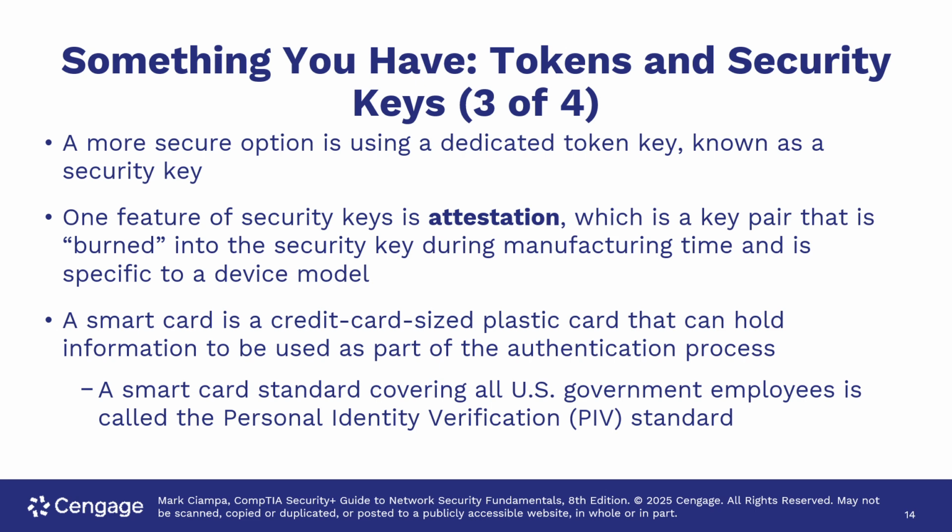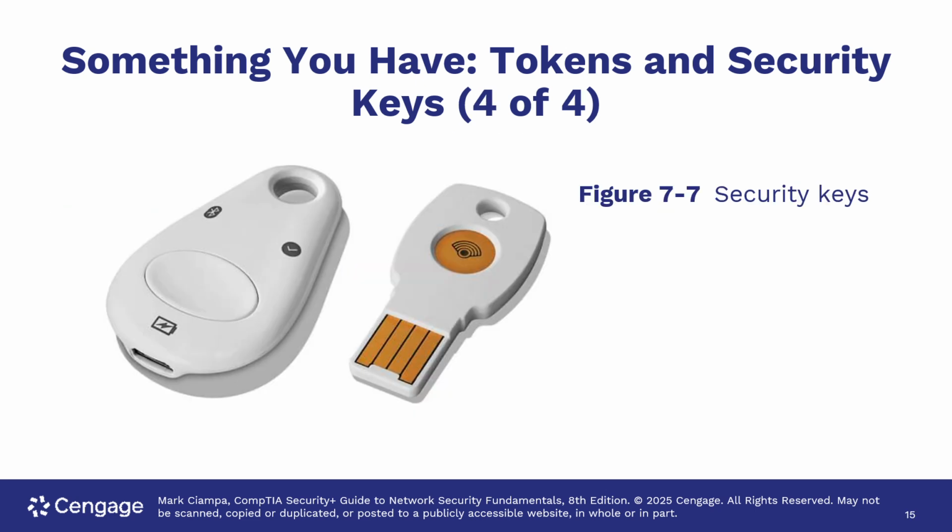A smart card covering all U.S. government employees is called the Personal Identity Verification, or PIV standard. Here's an example of a security key. Again, this is something that you would have in your pocket or so forth.